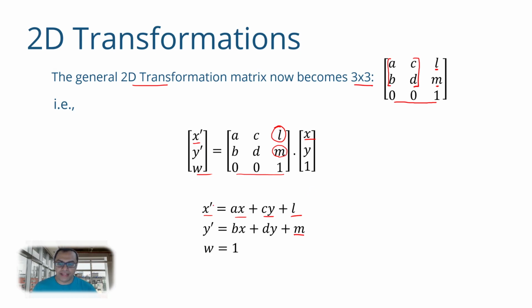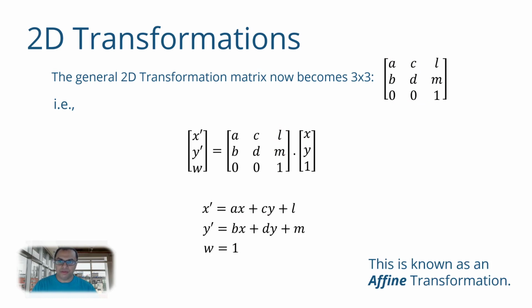After you have computed x prime, y prime, W, you can just drop W because W is 1, and that gives you back the 2D Euclidean point. So by doing this, we have a nice way of representing translations as matrices. We can apply them by doing matrix vector products. These transformations are no longer linear, but they have another name. They are called affine transformations.